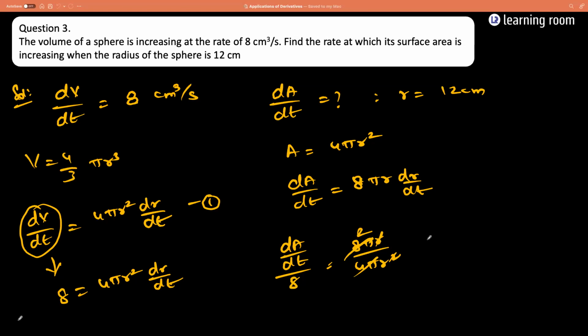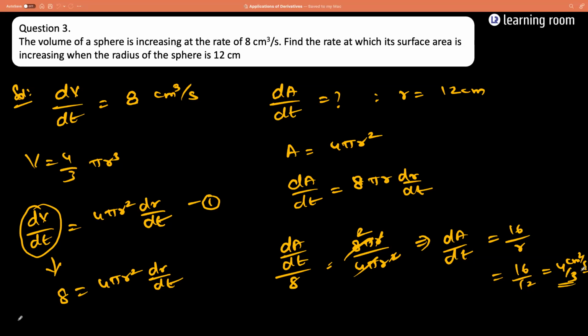It will go 2 times, which implies dA by dt is equal to 16 by r. So 16 by r, r is 12, is 4 by 3. Correct? It is 4 by 3 centimeters square per second. Am I clear? So it is similar to the last problem I did yesterday. Yes, sir.